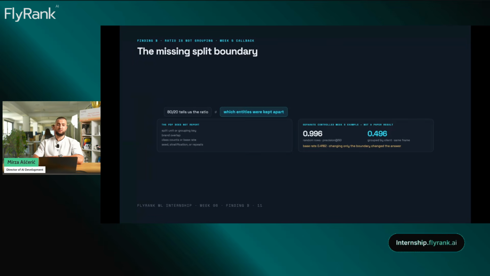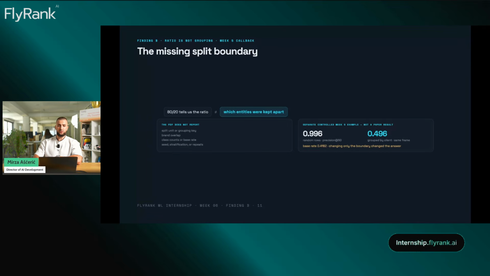And here is a different example from your work in week 5. It's not from the paper. It's the same forest with 16,513 pages and the same parts. Precision at 50 was 0.996 when rows were picked by chance. It was 0.496 when whole clients were kept together.